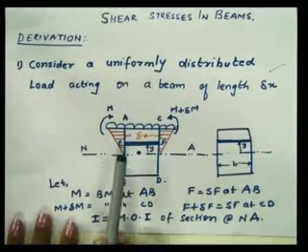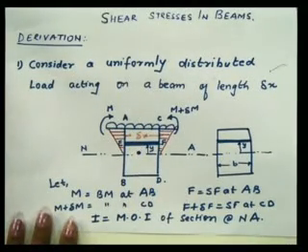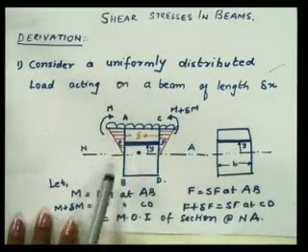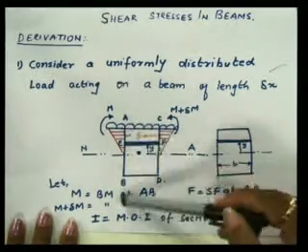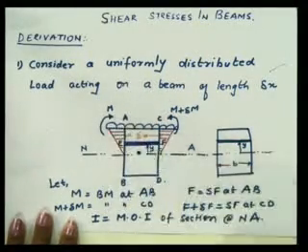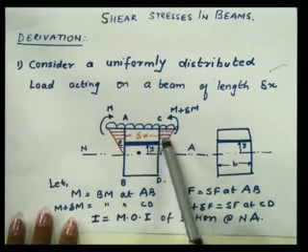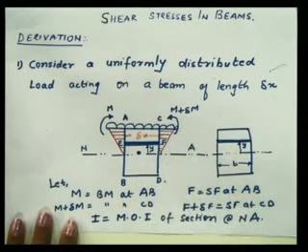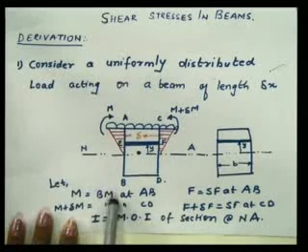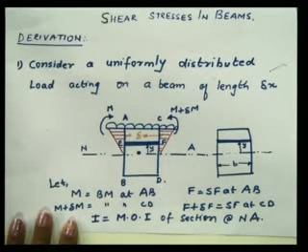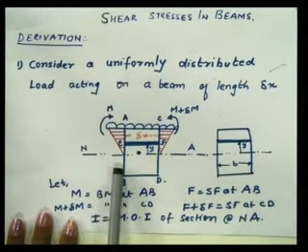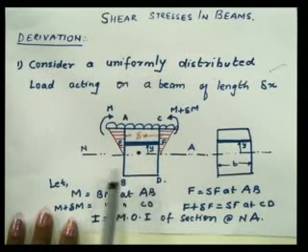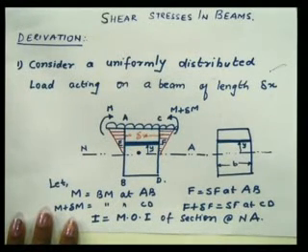We are taking a small length delta x and we are taking two faces, face AB and face CD. At face AB, let the bending moment be M, and at CD the bending moment be M plus delta M. Similarly, at face AB, let the shear force be F, and at face CD the shear force be F plus delta F. We know that as we move from AB towards CD, there is an increase in bending moment as well as shear force.